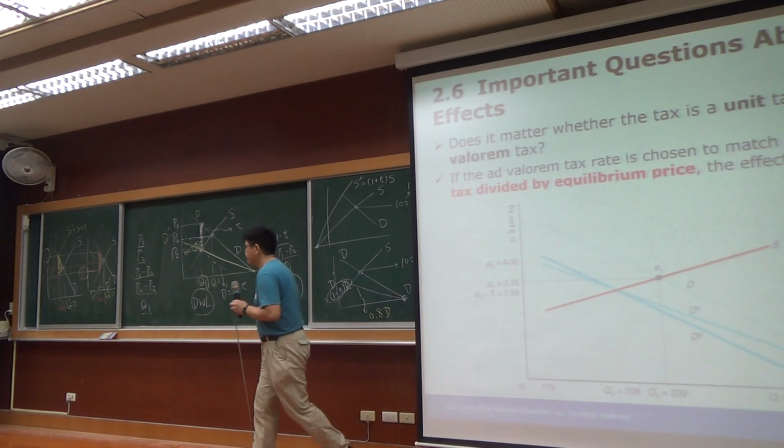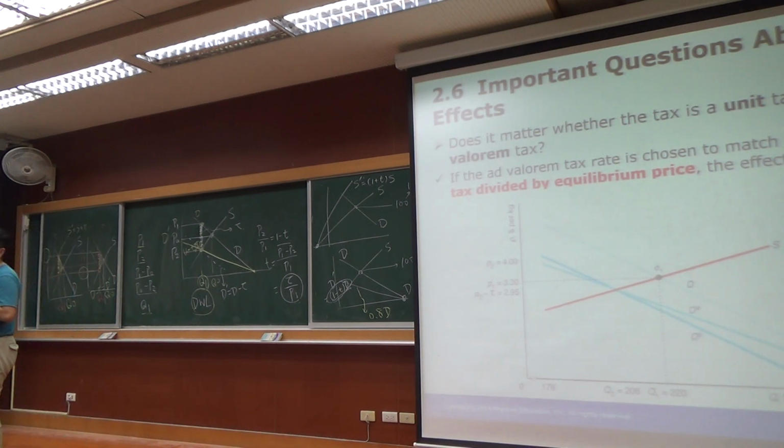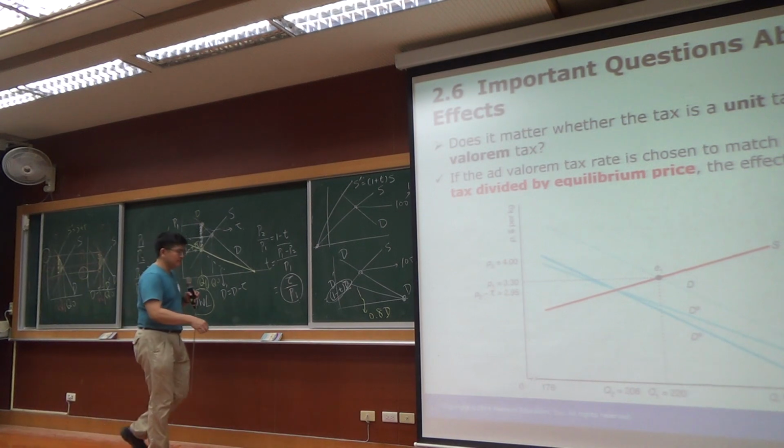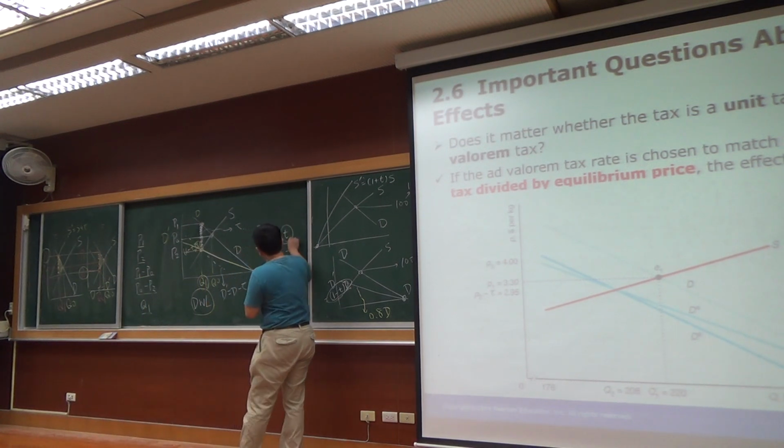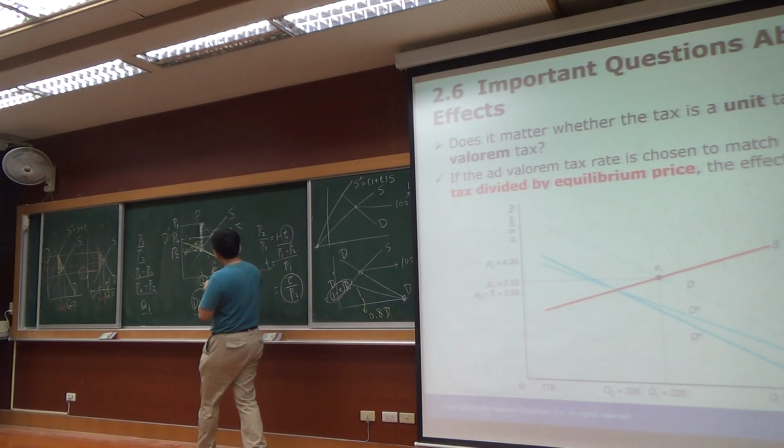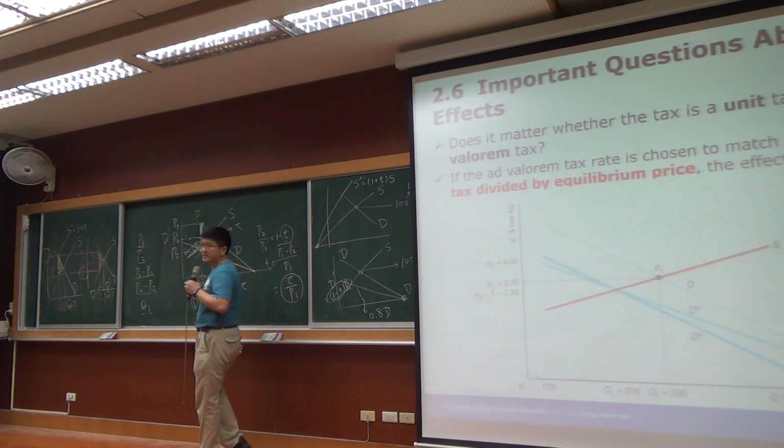Okay? Yes. So where is T? You cannot find a T on this graph. T is a tax rate, and T is here.